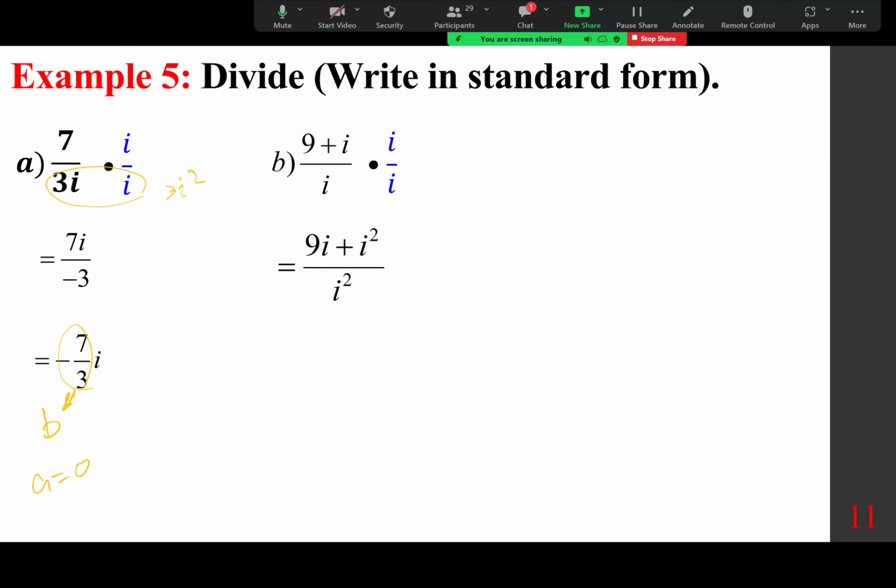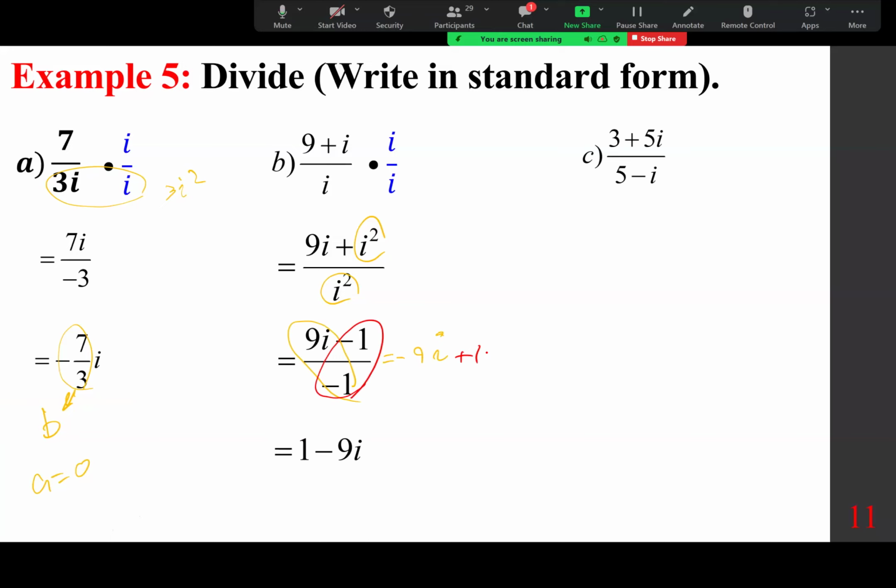And we are going to replace each i squared by -1. So that means this gives us -9i, and this will give us +1. We put the 1 first to put it in the form of A plus Bi.